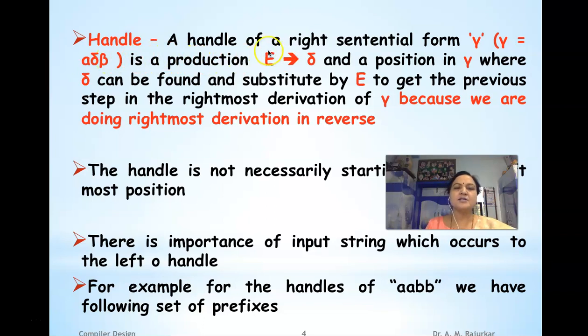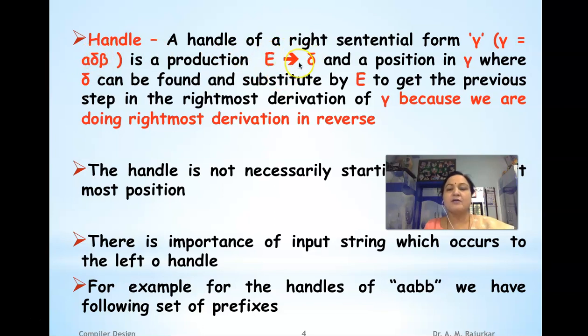If there is a production given in the grammar, E tends to the dot part, and a position of gamma where it can be found and substituted by E, then here alpha is something before it and beta is something after it.